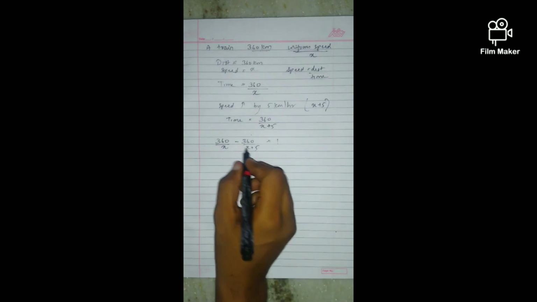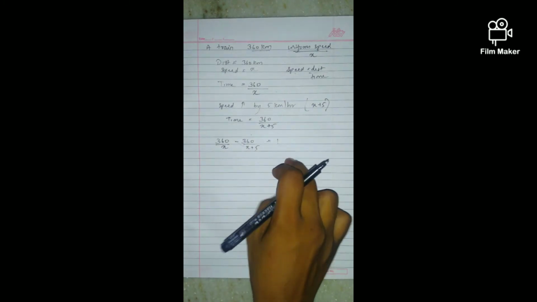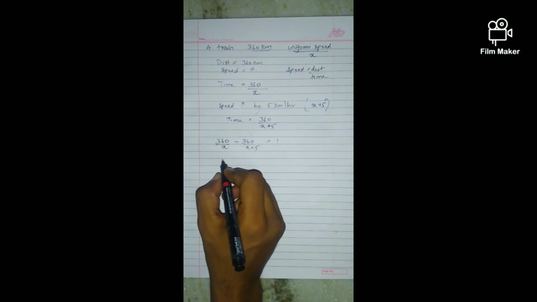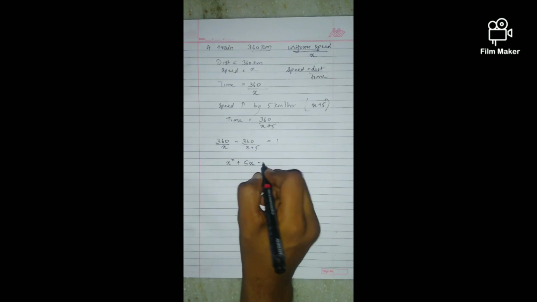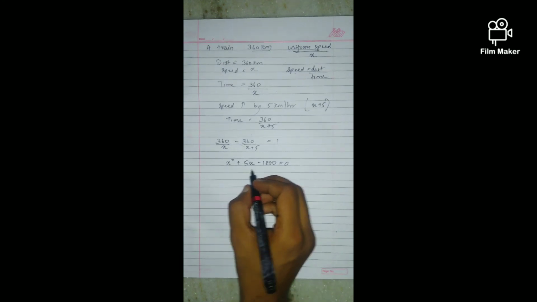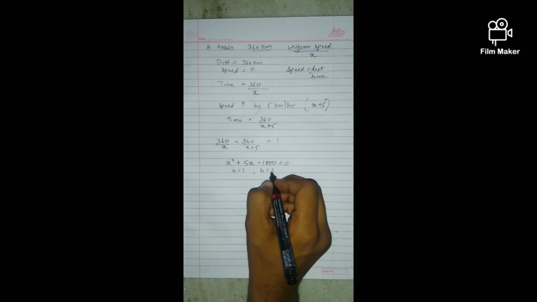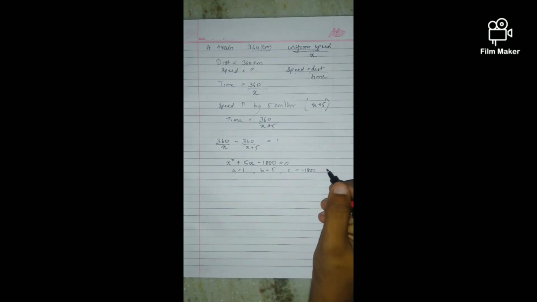When we solve this equation, we'll get a quadratic equation. I want you guys to solve this equation. I'm writing directly: we will get x square plus 5x minus 1800 equals 0. Here a is 1, b is 5 and c is minus 1800.